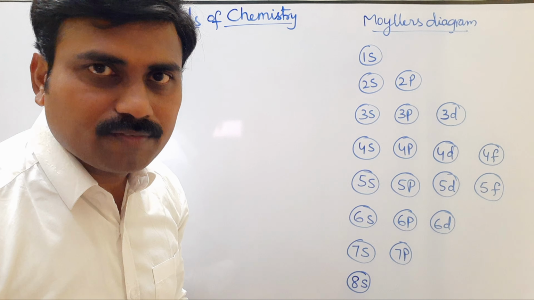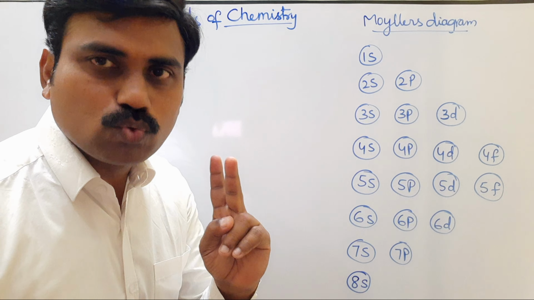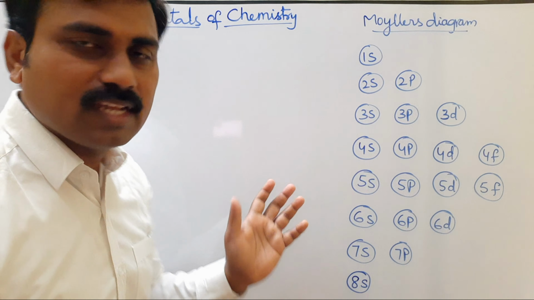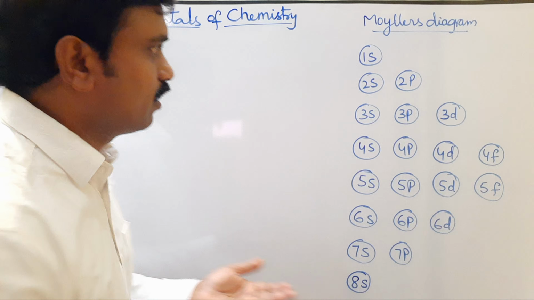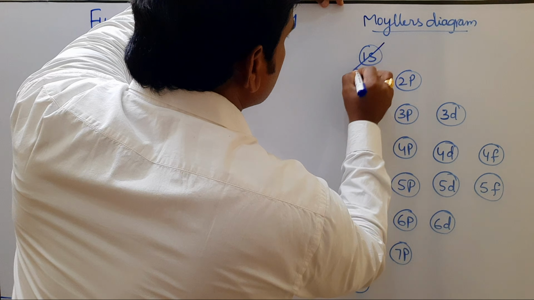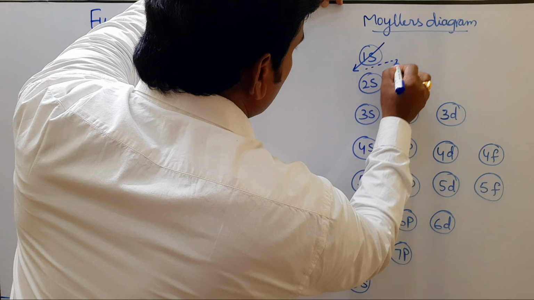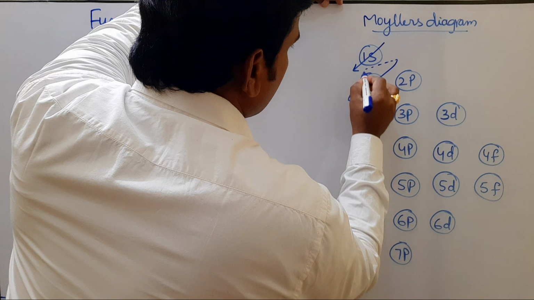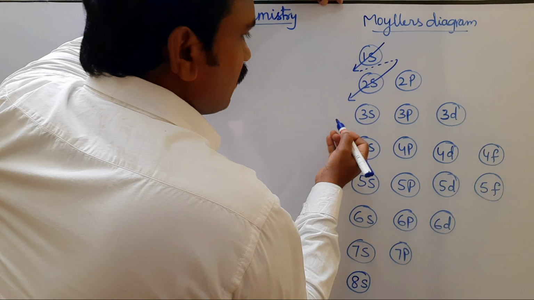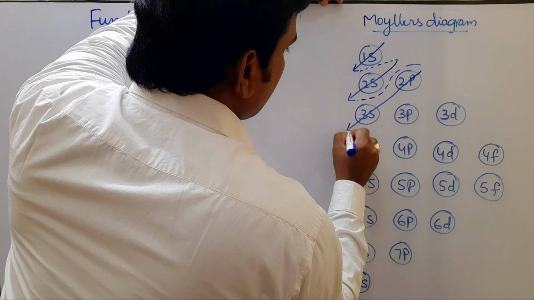To write the electronic configuration, the number of electrons we may fill in an s orbital is 2 only, in p orbital 6, d orbital 10 and f orbital 14. To write the electronic configuration, first of all we fill the 1s orbital. After 1s, electrons enter the 2s orbital. After 2s, electrons enter 2p, then 3s.